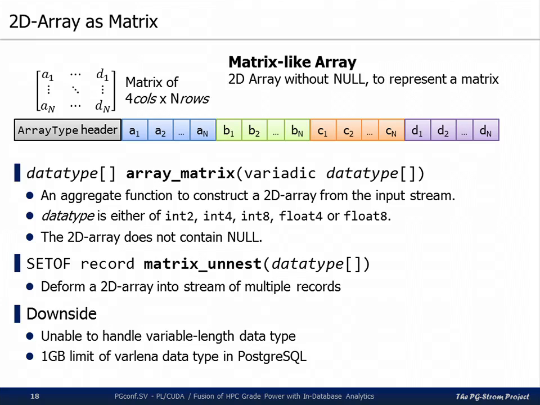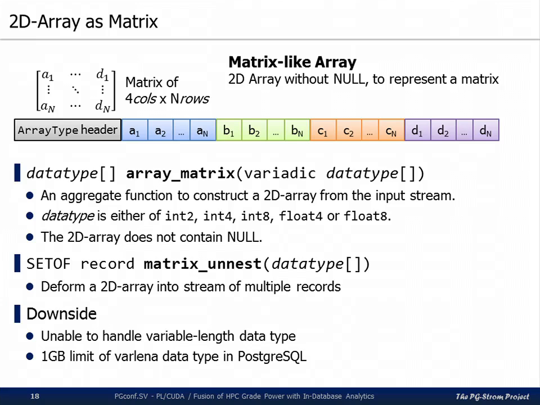So it looks like a columnar format suitable for GPU devices. And we add two functions to transform a stream of records into a two-dimensional array and revert a two-dimensional array into a stream of records: array_matrix and matrix_unnest.